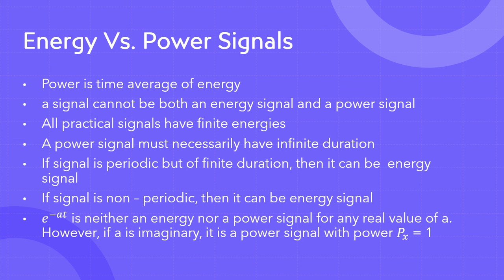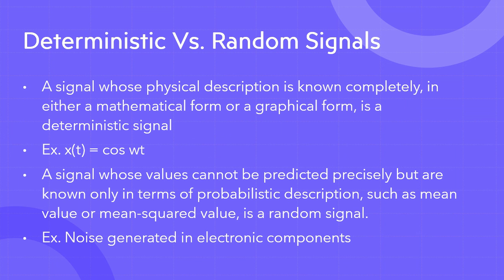Now we will move forward and discuss a few other types of signals. Let's talk about deterministic and random signals. So what is a deterministic signal? A deterministic signal is a signal whose physical description is known completely. It is very simple: for a signal to be deterministic, its physical description must be known, presented either in mathematical form or in graphical form.